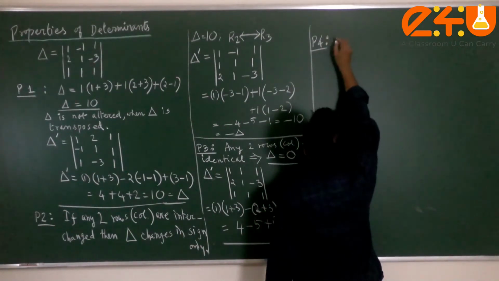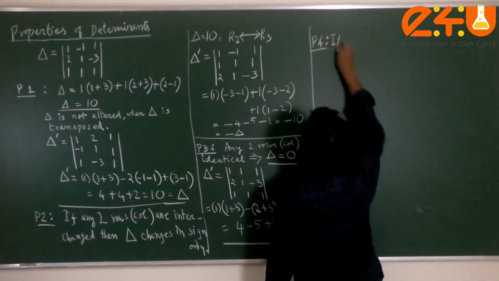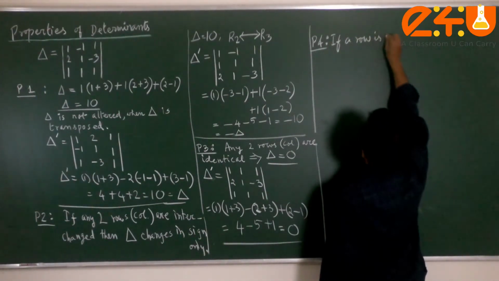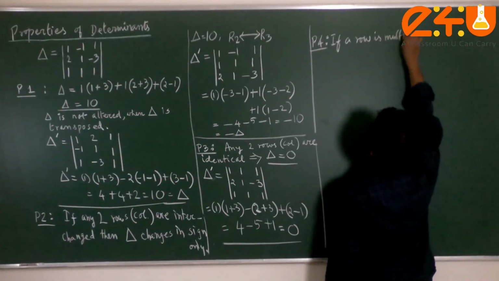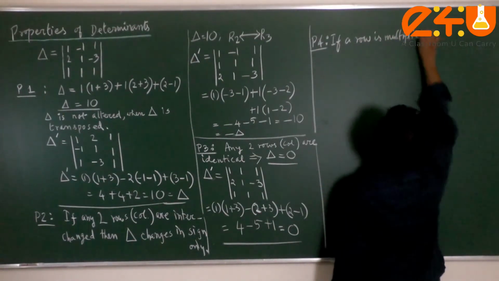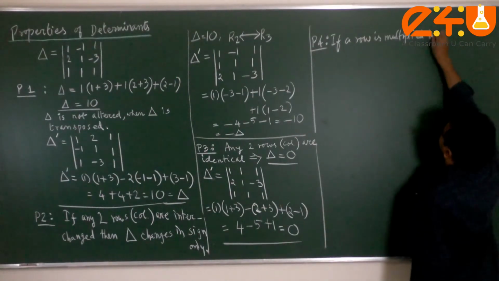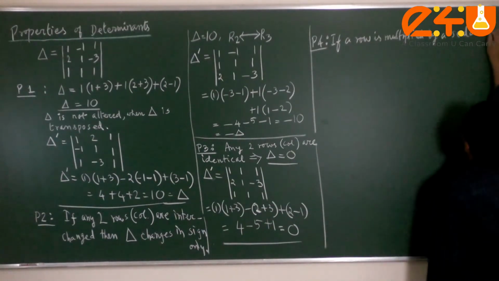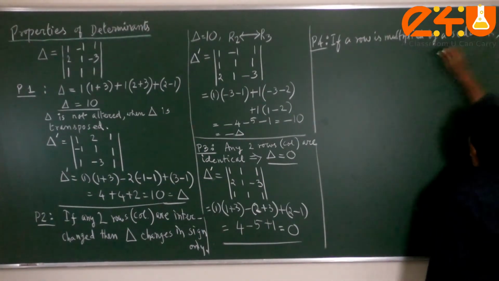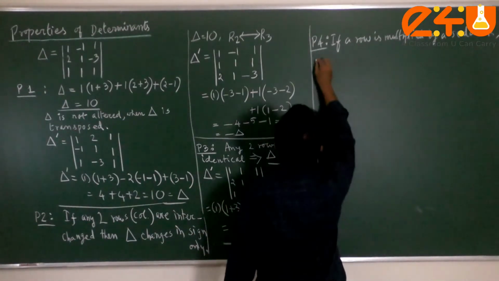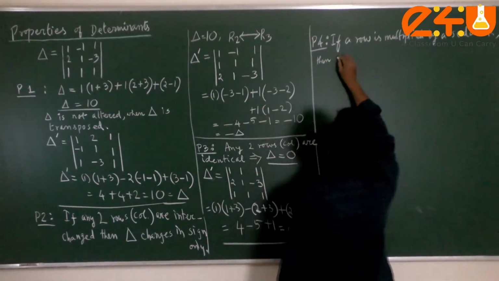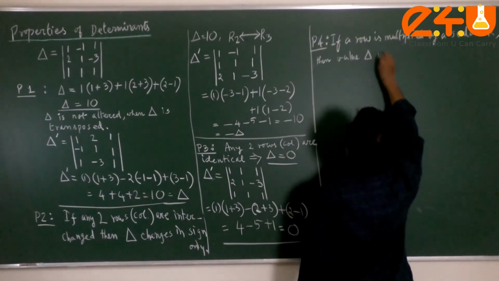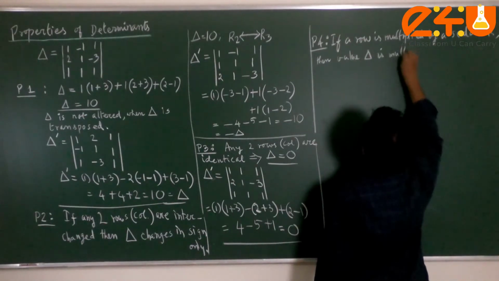So if a row is multiplied by a scalar, I'll call the scalar K, then the value of the determinant, or the value delta, is multiplied by the same scalar.